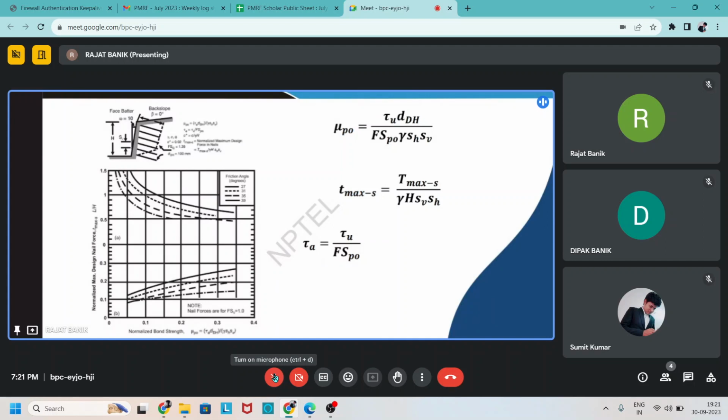If you can see this chart, there are two lines drawn, one below and another one above, on the upper side. The upper side is for the L by H for different values.